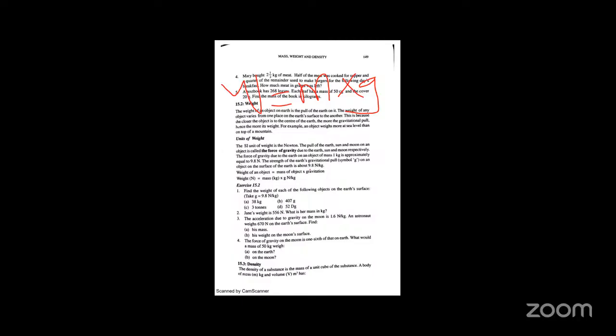And this gravitation is a constant, which is approximately 9.8 newtons per kilogram. This is a constant which we usually use. At times we can round it off to at least 10 newtons per kilogram.